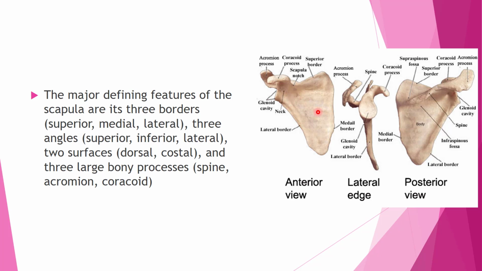So you will place this surface anteriorly, this is the costal surface or the ventral surface or the anterior surface, and the other surface where the spine of the scapula and the acromion process are present is the posterior surface or the dorsal surface. So in this way you can place the scapula on the correct side, right side or left side. So you will determine the side of the scapula.